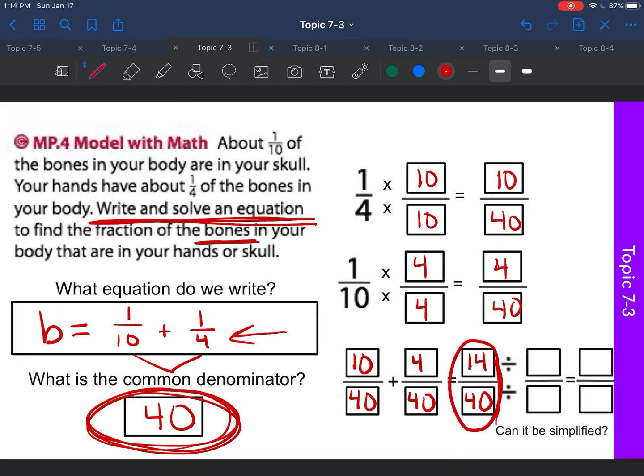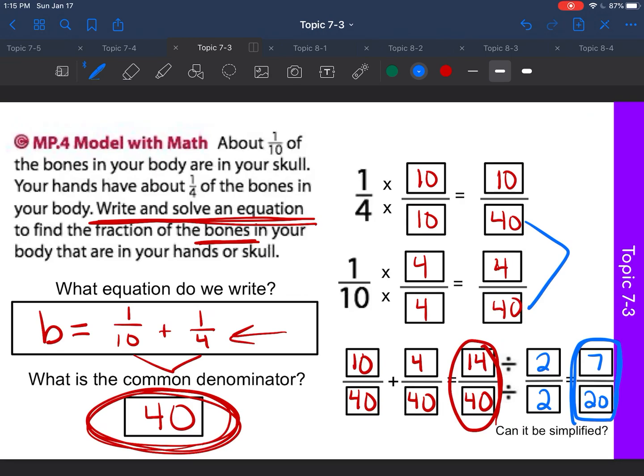In this case, it can be simplified because both of them are even numbers, meaning it can be divided by 2. So 14 divided by 2 is 7. 40 divided by 2 is 20. And look, this is the same answer that we got when we found the common denominator of 20. But if you just chose 40, you would see that you have to simplify at the end.